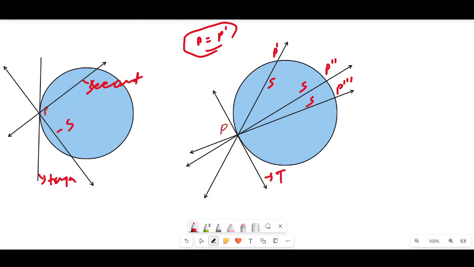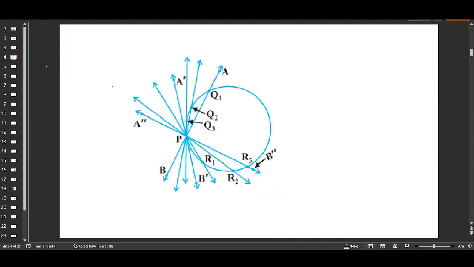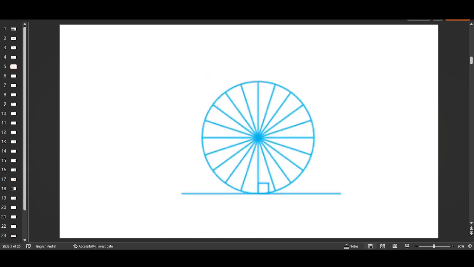So if you move on, here look at this figure. What do you feel about this? Guys, what do you feel? Look around you.